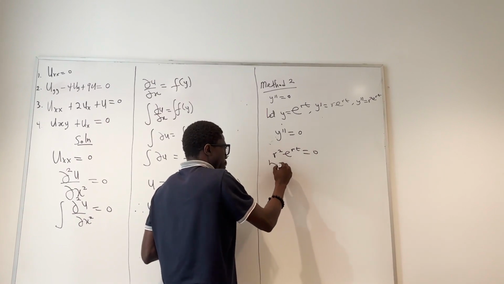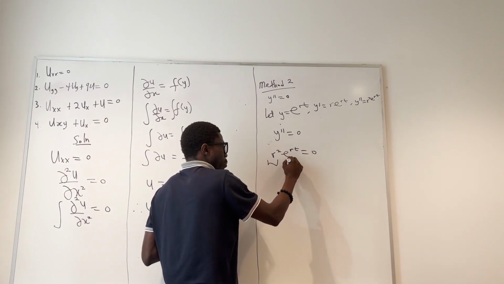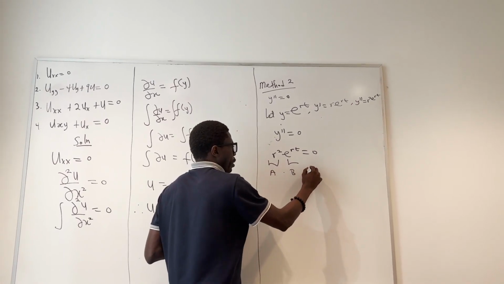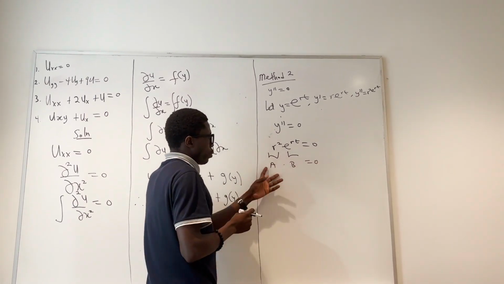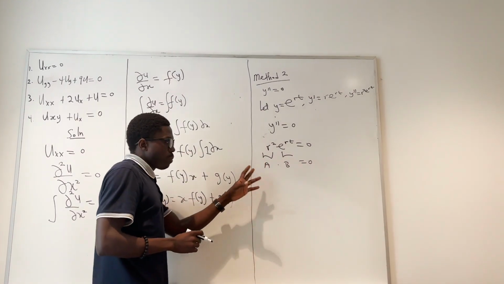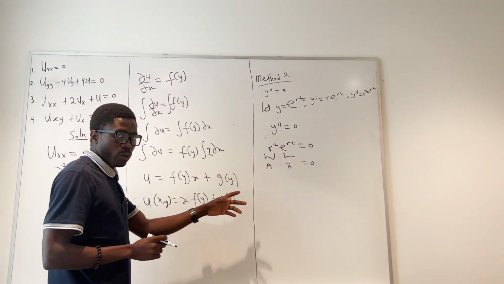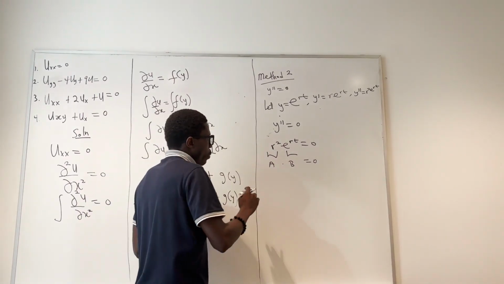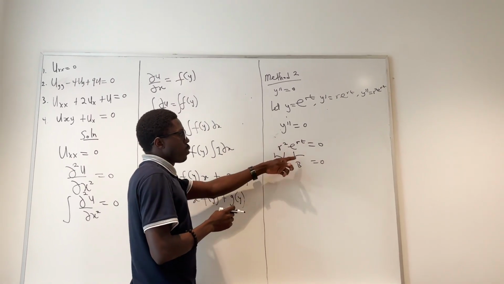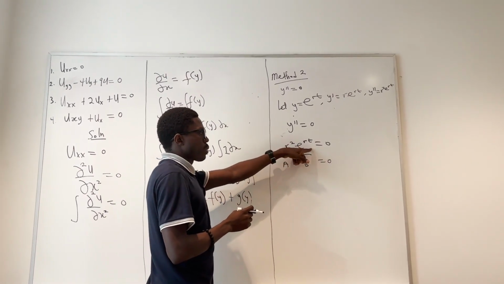So it seems like we have two terms multiplying here. We have a multiplying b is equal to 0. If two terms are multiplying, it's either one of them is 0 or both. So we can ask, is r squared 0 or is e to the power rt 0?